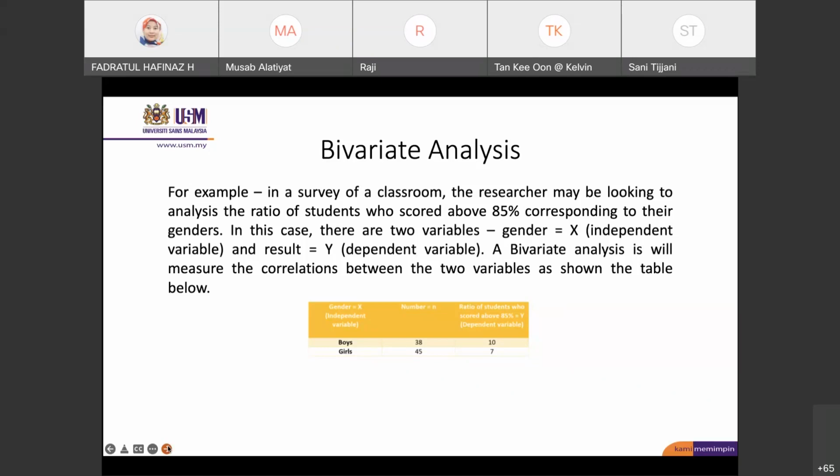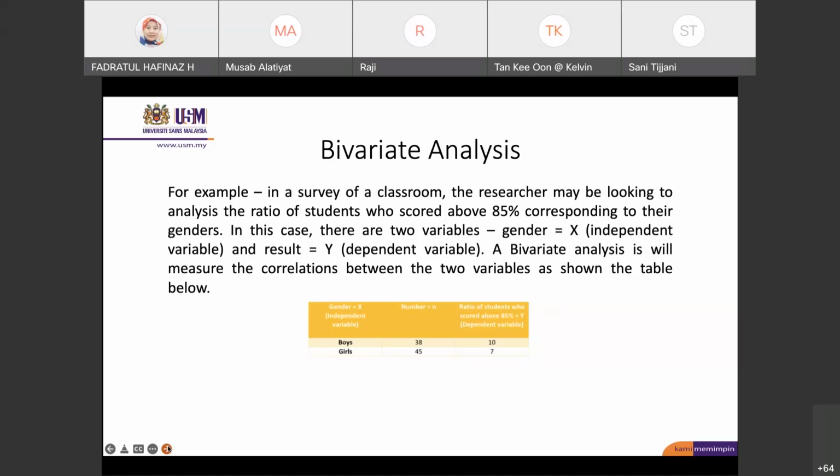Okay, so for example, as shown in the slide here, in a survey of a classroom, the researcher may be looking to analyze the ratio of students who score above 85%, corresponding to their genders. In this case, there are two variables.